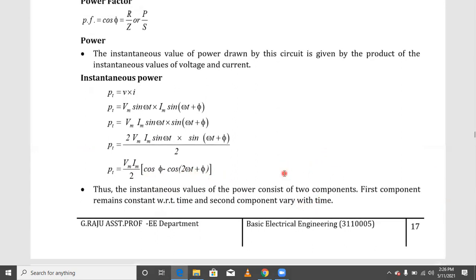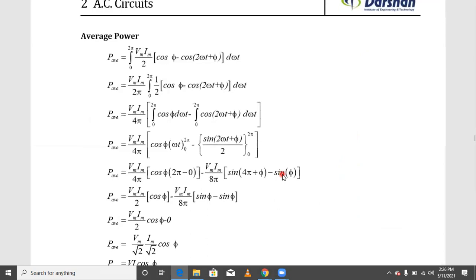This is about instantaneous power, and then average power. The average power is the integration of instantaneous power from 0 to 2π, a complete cycle of 360 degrees.